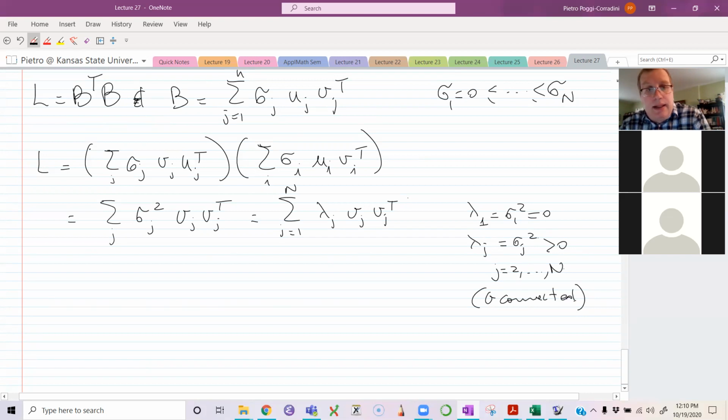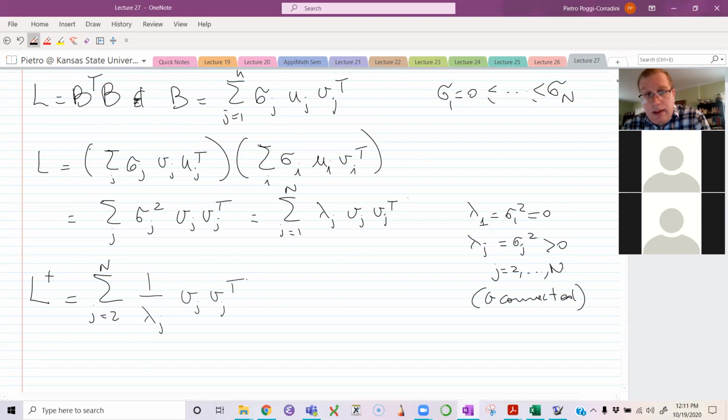So then, as we've seen last time, how do you compute the pseudo inverse of the Laplacian? Well, L plus is simply the sum, j goes from 2 to n, of 1 over lambda j times Vj Vj transpose.